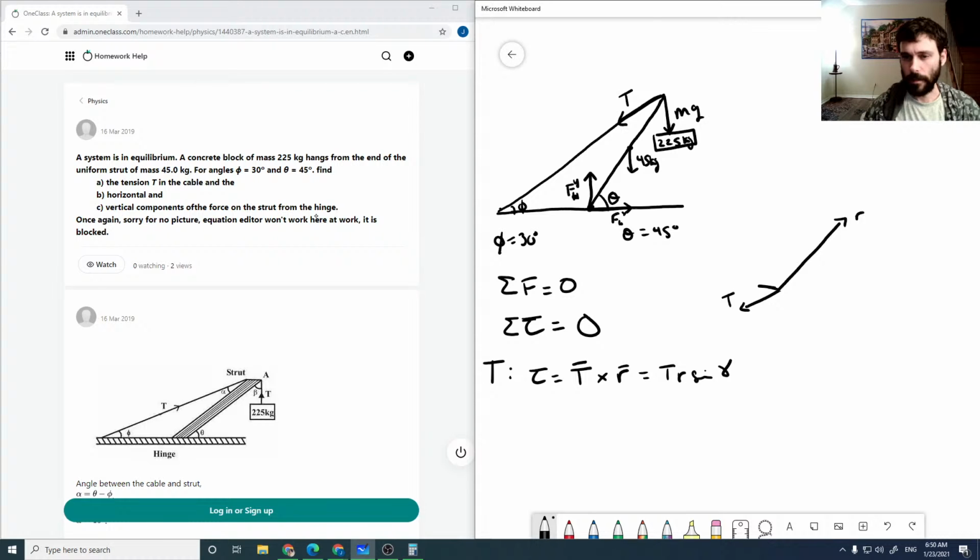And now just to relate them to some angles that are in the question here so we can figure things out. So that's our phi. That's our theta there.